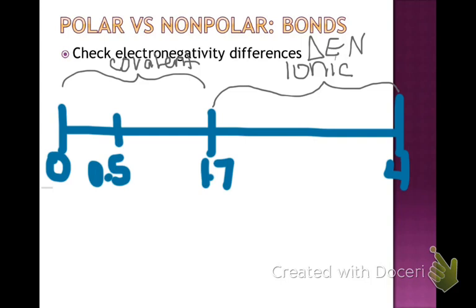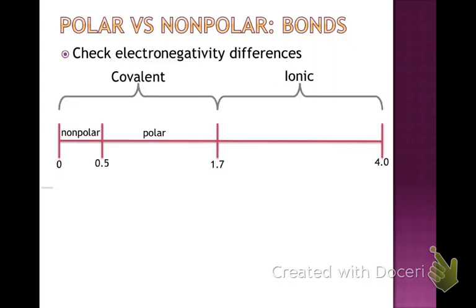When we have 0 to 0.5, those are nonpolar. And 0.5 to 1.7 tends to be more polar. Now this is in a continuum, meaning the closer it is to 1.7, the more ionic it is compared to something at 0. The closer it is to 0, the more nonpolar it is compared to something that's closer to 4. Alright, so it's one big continuum.